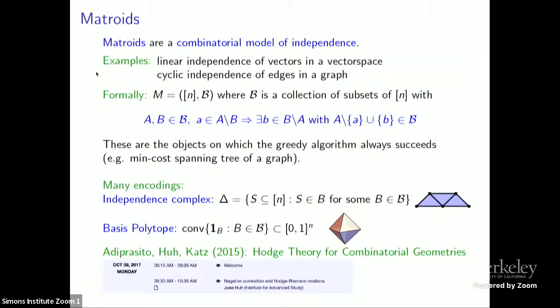Combinatorial geometries is another word for matroids, where they used techniques from algebraic geometry to associate complicated rings to these combinatorial objects and use them to get interesting consequences, in particular something about the face numbers of this independence complex.